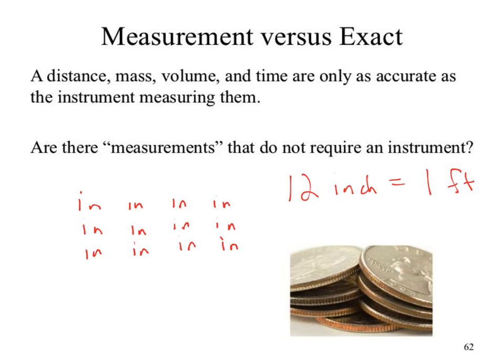It is infinite. There are exactly 12 inches in 1 foot. It is not 1 sig fig because of 1 foot. It is not 2 sig figs because of 12 inches. They are exactly 12 inches. This is a defined value. As soon as we define something, by definition, it is an infinite amount of sig figs.